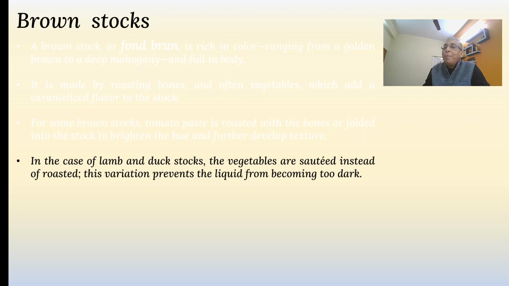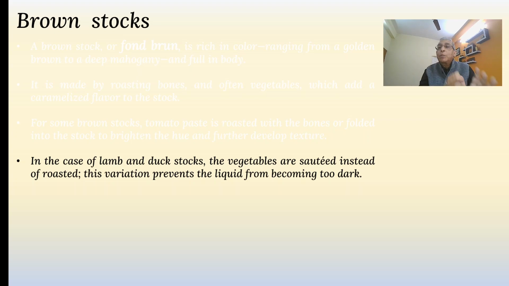In the case of lamb and duck stocks, the vegetables are sauteed instead of roasted. Remember, if you are making a brown stock with lamb or duck bones, ensure that you are not browning the vegetables. You are lightly sauteing the vegetables. This variation prevents the liquid from becoming too dark.